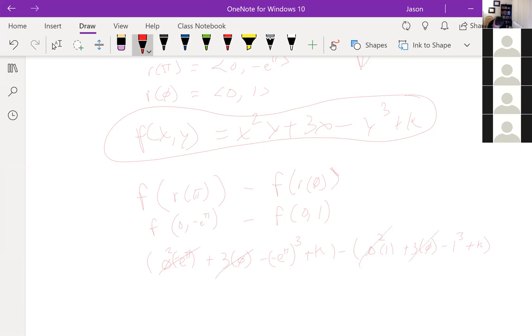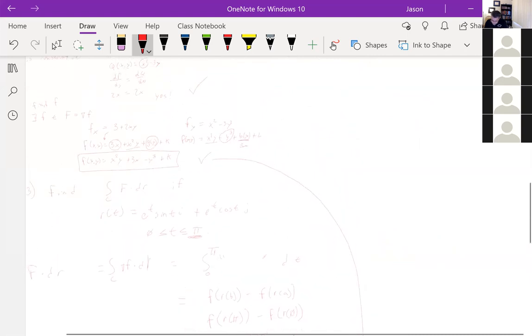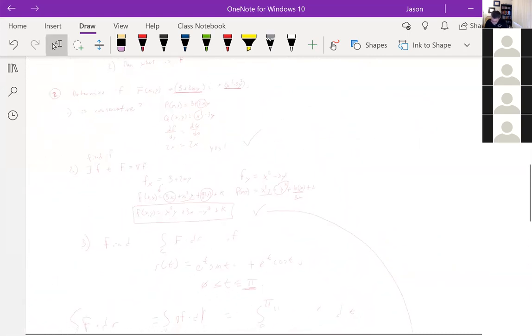This becomes e to the 3 pi, right? And then the minus becomes plus 1. And then what happens to the k's? Well, the k's drop out because it's k minus k, which is 0. And that's the answer. Okay, so we were able to find the line integral. If that thing exists, if it's conservative, this is a great test, right? If it's conservative, then this works.